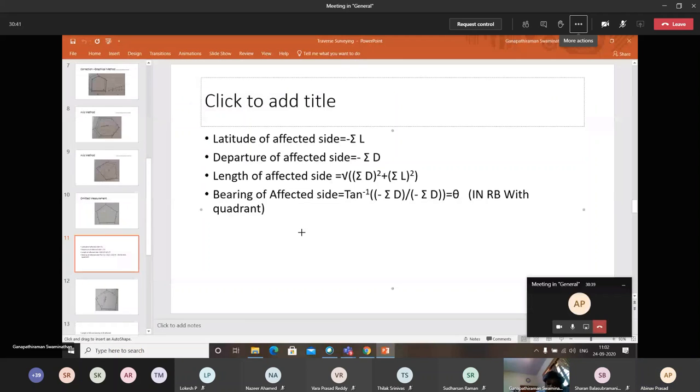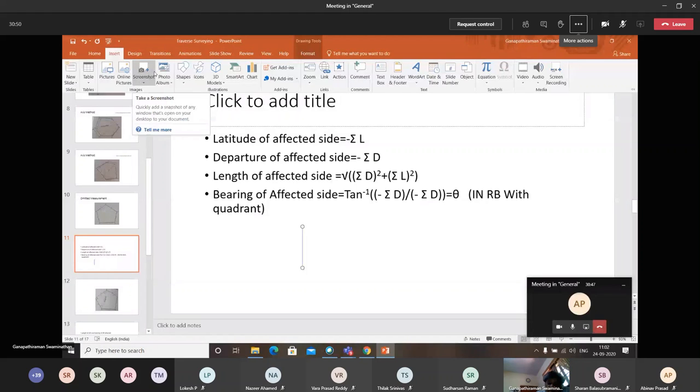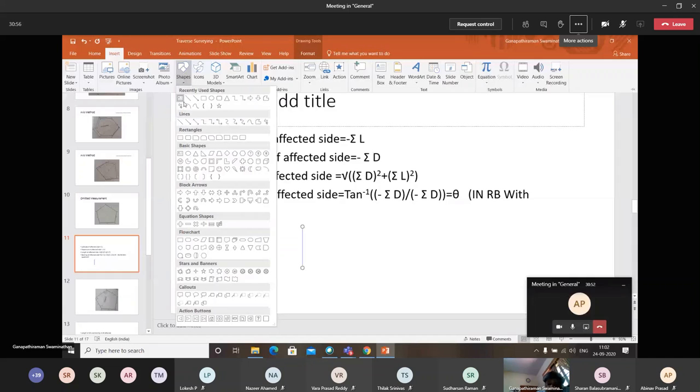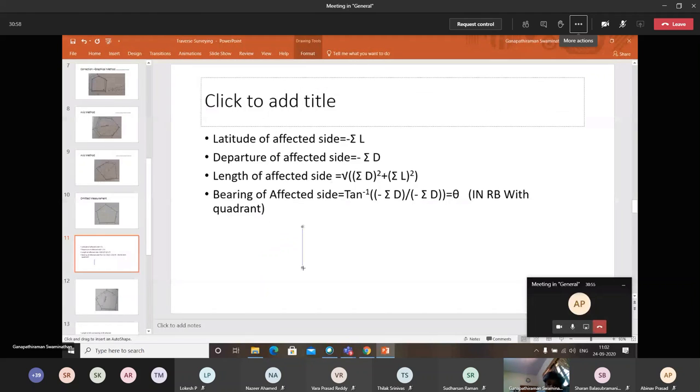Suppose this is a curve, this is an ordinate. See, x and y are drawn, no?